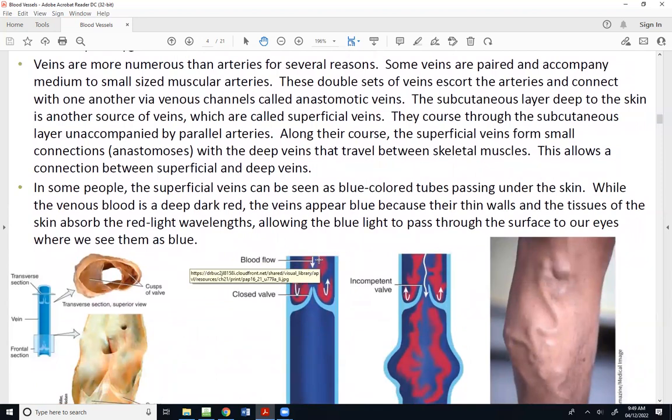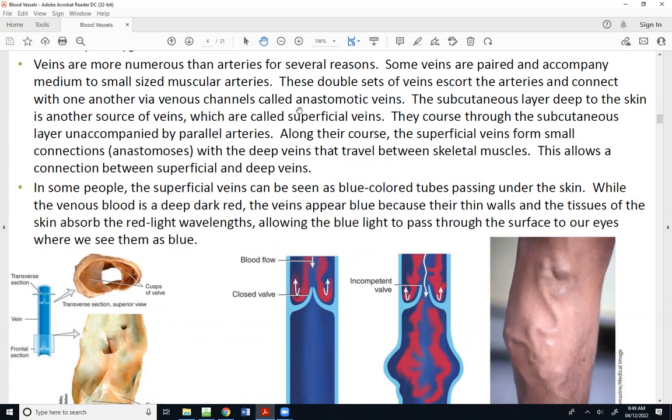What we actually find is that veins are much more numerous than arteries, and there's a couple reasons why. We find them a lot of times in pairs, accompanying medium to small size muscular arteries. So where you might have one artery, you might have two veins. And these double sets of veins escort the arteries and connect with one another via venous channels called anastomotic veins.